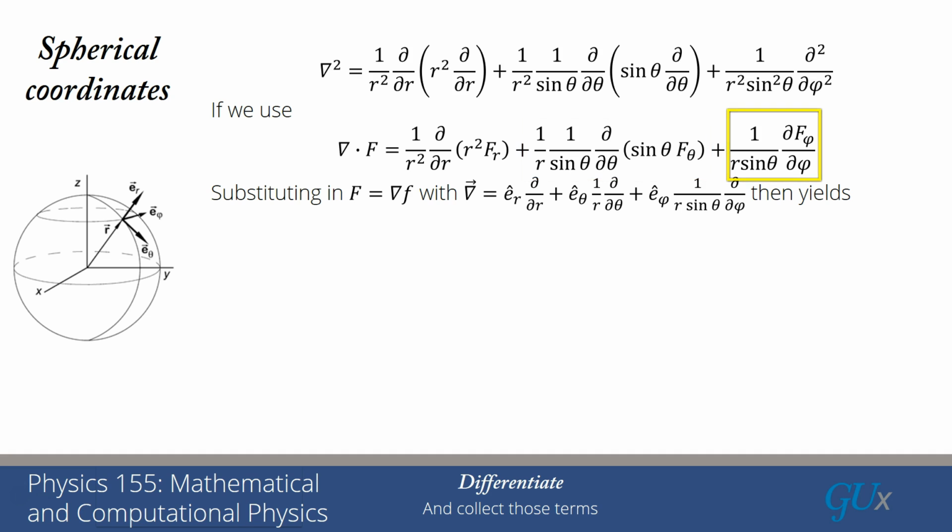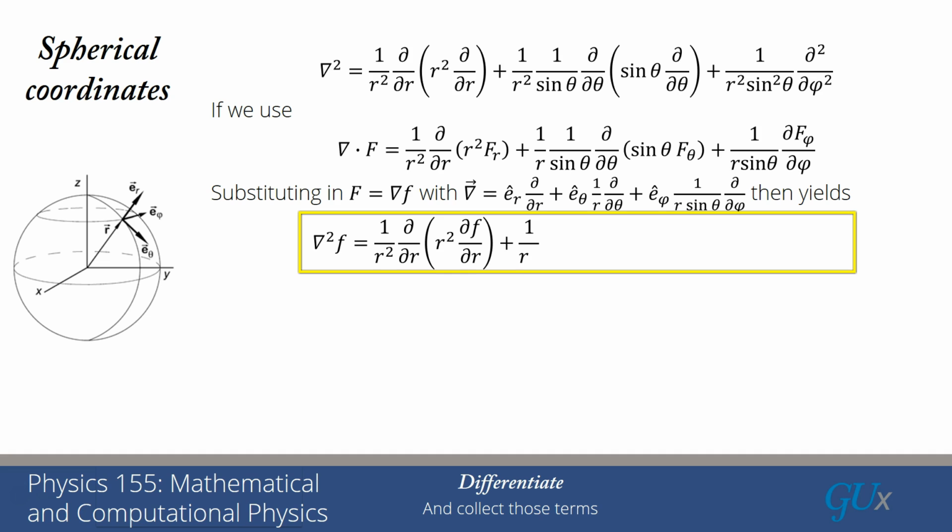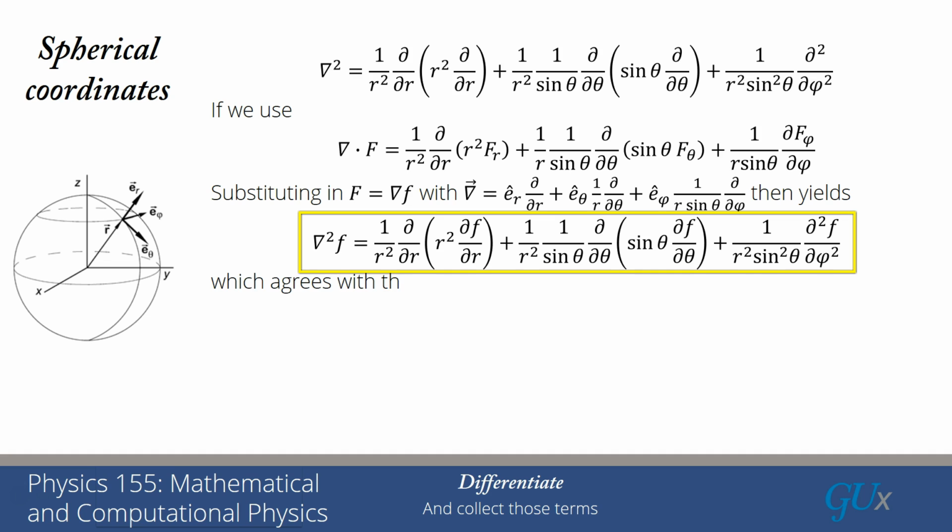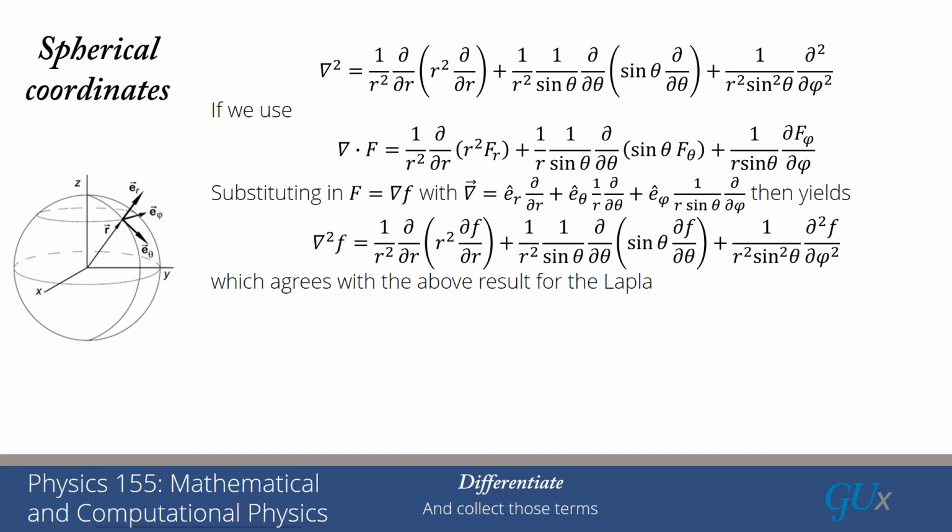And the third term will have a 1 over r sine theta times a 1 over r sine theta d squared f d phi squared. And so as we put that all together, we get these three terms, one involving derivatives with respect to r, one involving derivatives with respect to theta, and one involving derivatives with respect to phi. And you see that that exactly agrees with the result that we wrote at the top of the page. And so this is just verifying that things are actually working out.